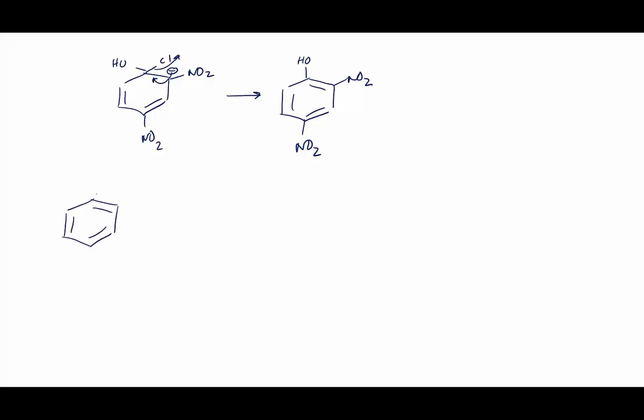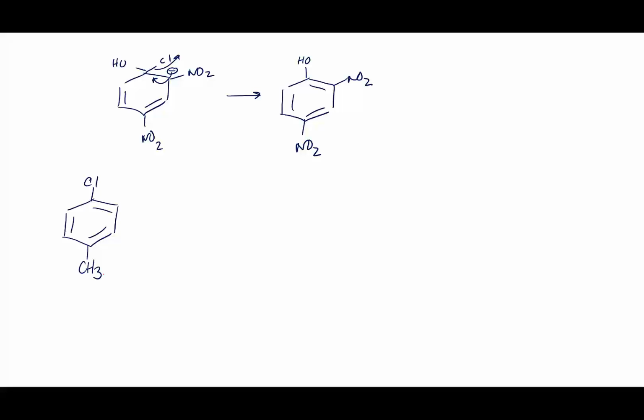How about a deactivated ring? Well, if I'm going to do a deactivated ring, first of all, I'm going to put the methyl group on there because I'm going to get multiple products of this reaction.